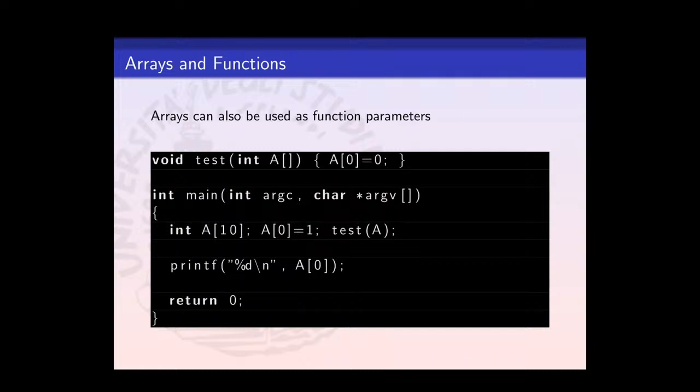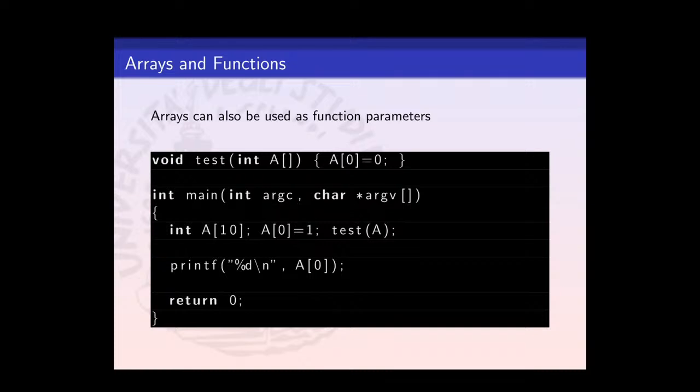It changes from 1 to 0. Okay, so the test function changes the content of the first cell in a from 1 to 0, right? But then on the standard output, what are we going to get? 1 or 0? Well, we are going to get 0. And the point is that by calling the test function, we are passing the array, well, the position of the array in the memory.